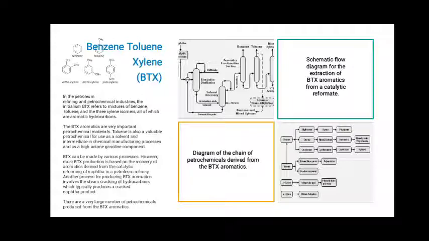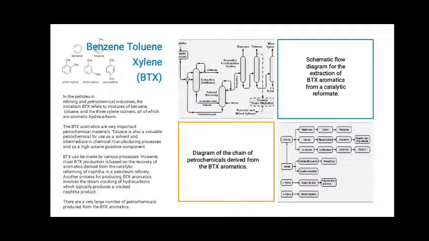Catalytic reforming usually utilizes a feedstock naphtha that contains non-aromatic hydrocarbons with 6 to 12 carbon atoms and typically produces a reformate product containing C6 to C8 aromatics or BTX, as well as paraffins and heavier aromatics containing 9 to 12 carbon atoms. You can see the schematic flow diagram for the extraction of BTX aromatics from a catalytic reformate.